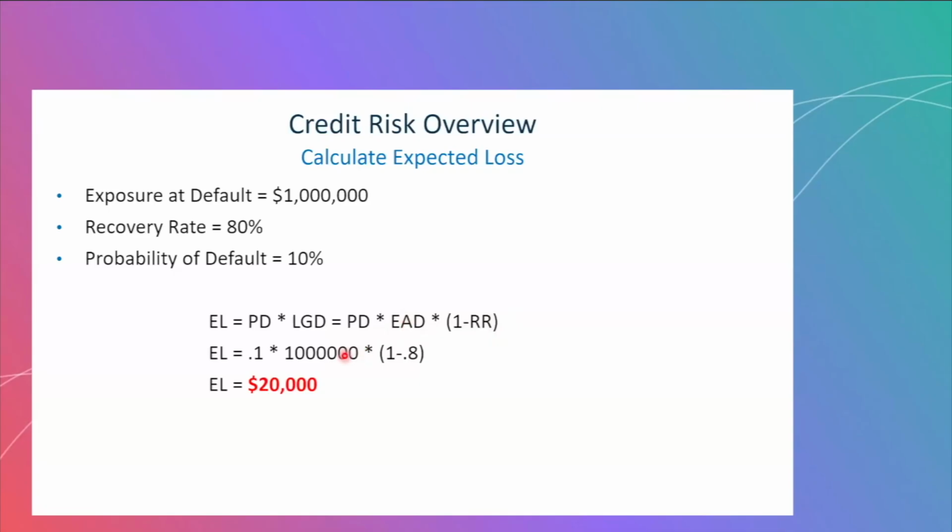In this particular scenario, it's $1 million and I've recovered 80% of it, so $800,000 is something that I recover. So $200,000 is the loss given default, but the chance of default is only 10%. So 10% of that comes up to $20,000. So the expected loss is this.